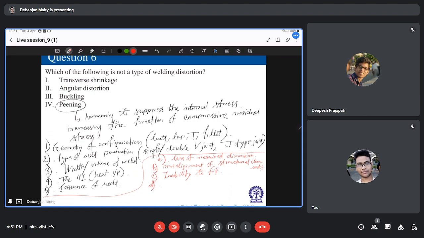What else? This is a very secondary thing, loss of aesthetics. Can you think of anything more? What can be the effect of distortion?